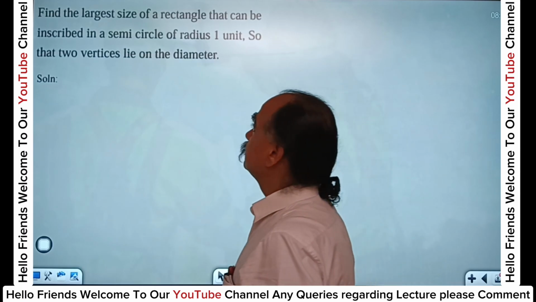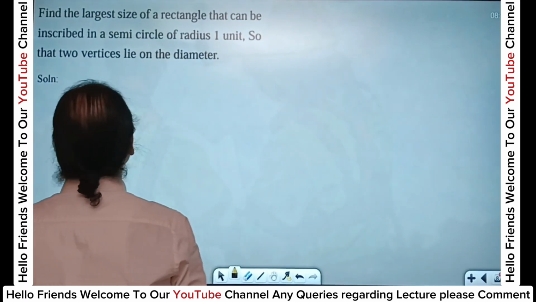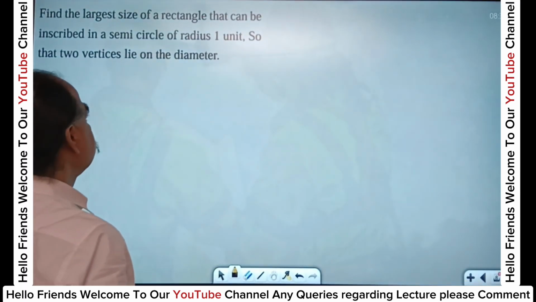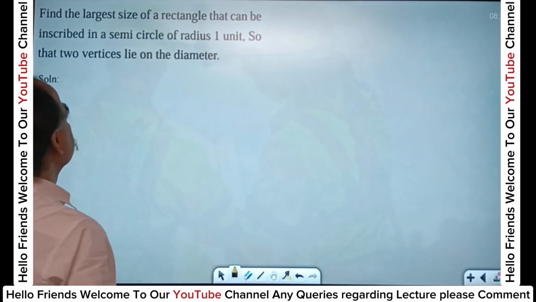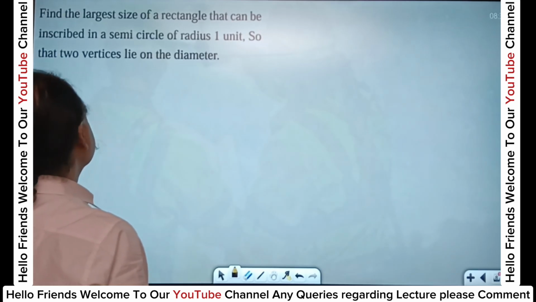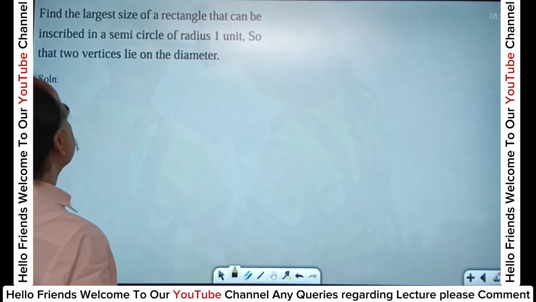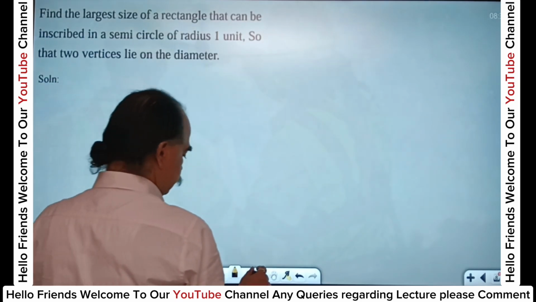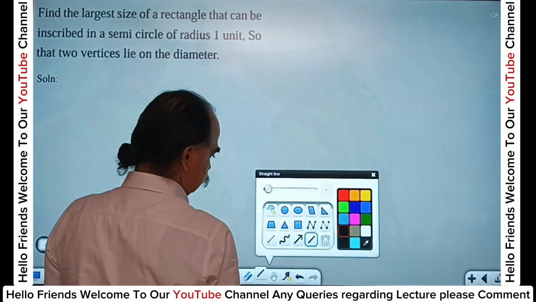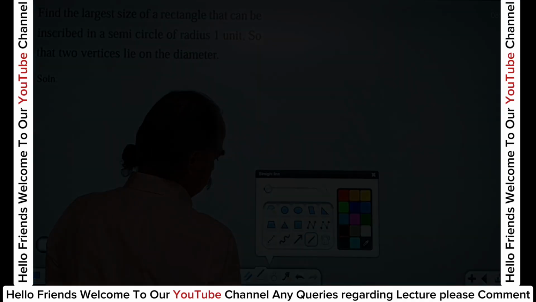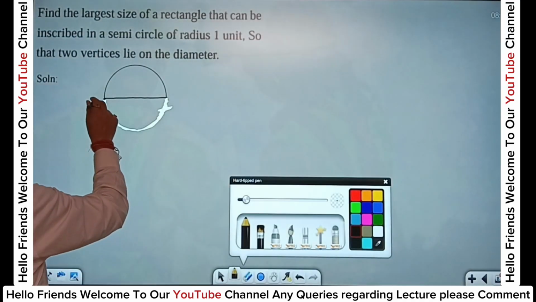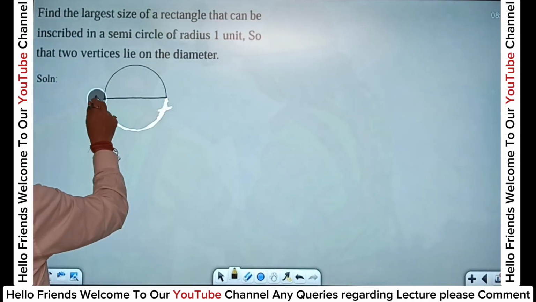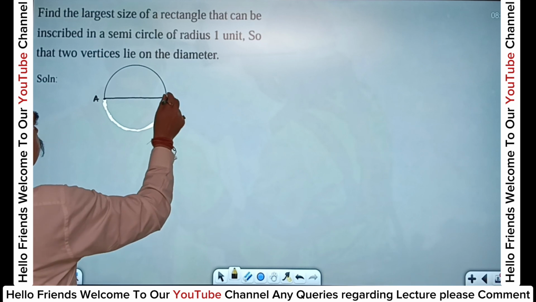Find the largest size of rectangle that can be inscribed in semicircle of radius 1 unit so that two vertices lie on the diameter. This is diameter of semicircle.